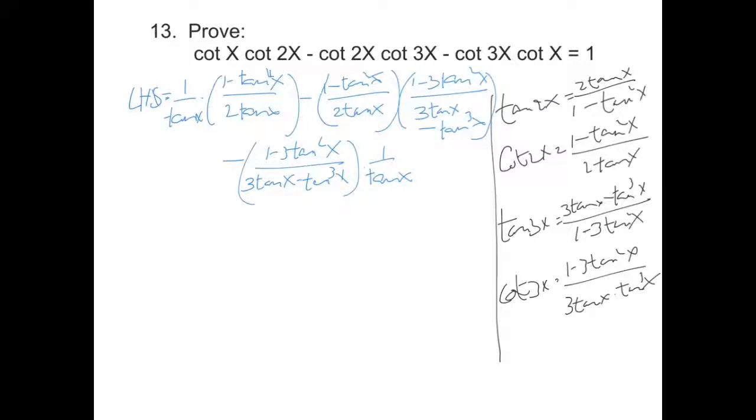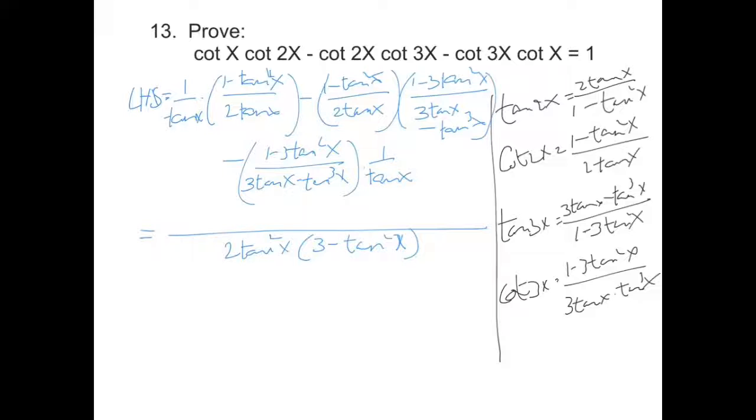Now we can take the LCM as 2 times tan x into 3 tan x minus tan cube x, which we can again write as tan x multiplied by 3 minus tan squared x. So this becomes 2 tan squared x multiplied by 3 minus tan squared x.